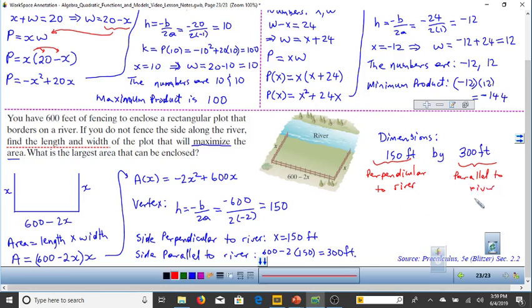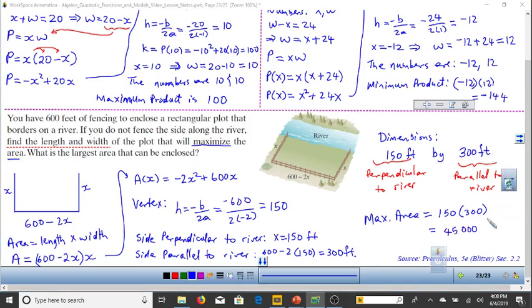And of course, it's pretty simple to see what the maximum area is. Maximum area is just length times width. Maximum area is equal to 150 times 300, which is equal to 45,000 square feet.